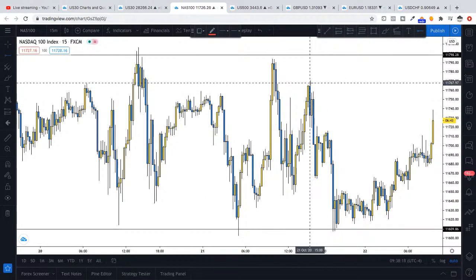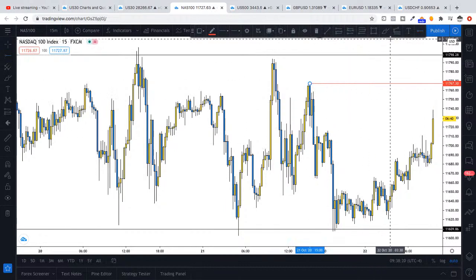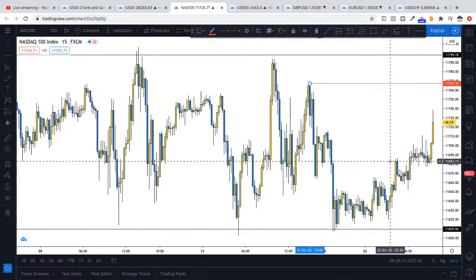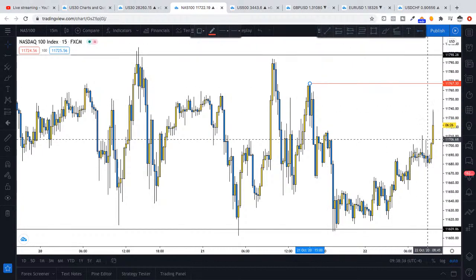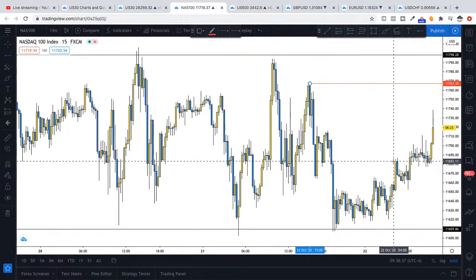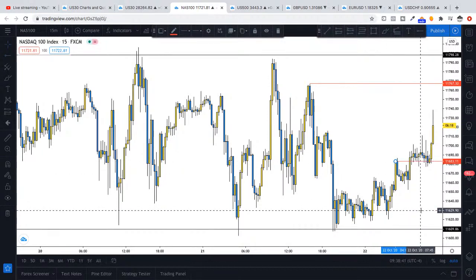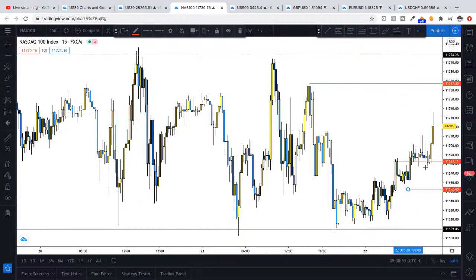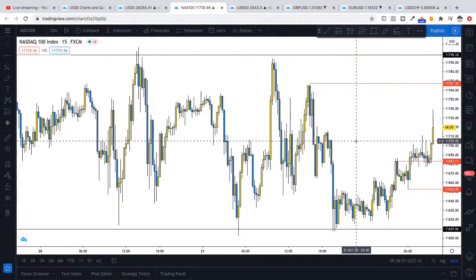But just so you guys can see what I'm looking at, and I can take a look at it when I'm watching footage later. So these are just areas that I'm eyeballing. If price makes a move into these areas, I will be looking to take a position based on the price action.